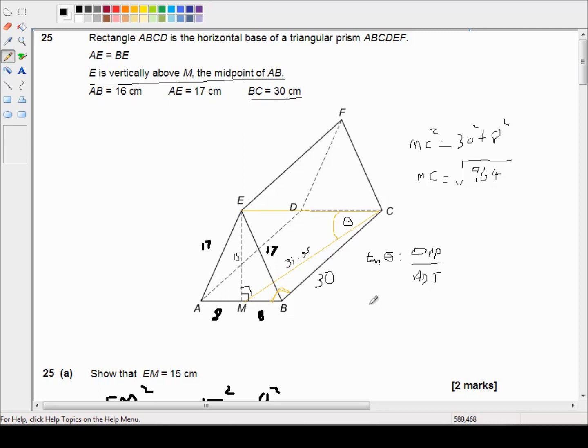So theta is equal to the arctan, tan to the minus 1, of 15 divided by 31.05. That should be a minus 1.